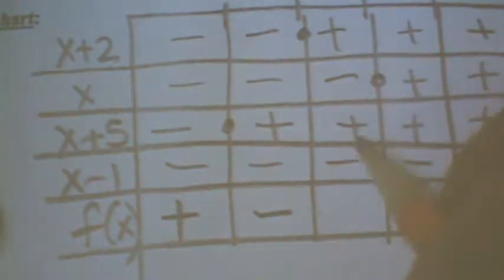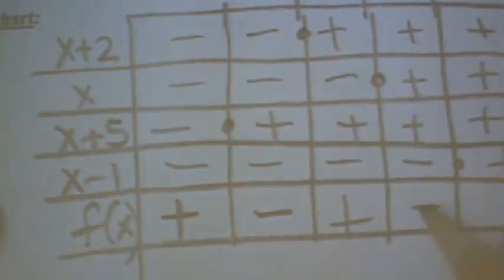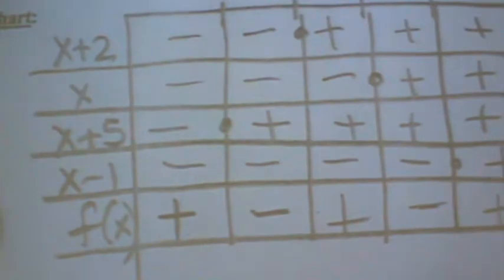At -5, we have negative, positive, positive, positive. And at 1, we have negative, negative, negative, negative, and positive. So according to this, four negatives result in a positive, 3 negatives, 2 is positive, 1 is negative, positive. Positive means you're above the x-axis, negative means you're below, between these two regions.